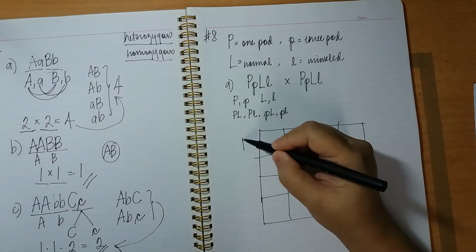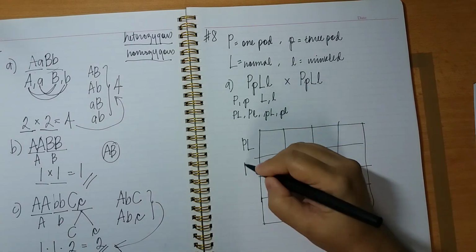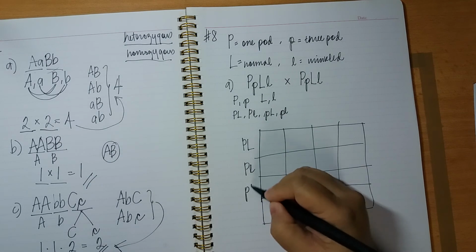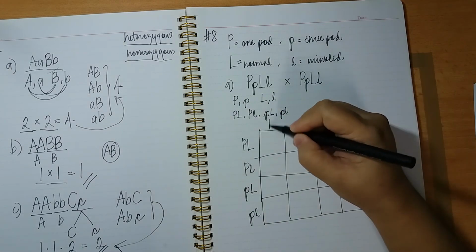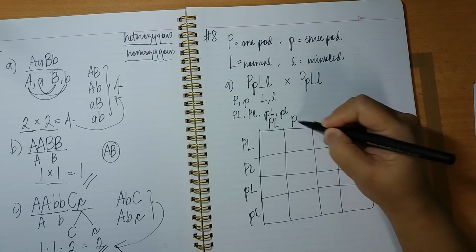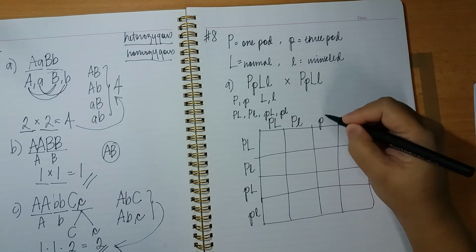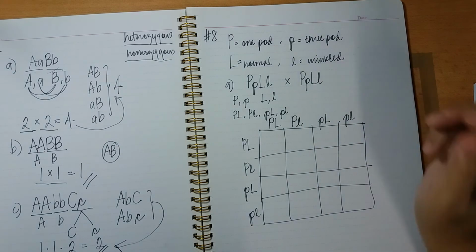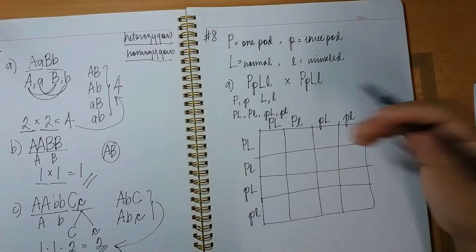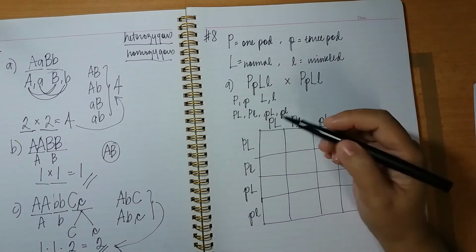So, let's just write the gametes on the side, and then on the top. Okay. And then, let's determine the genotypes of the offspring by combining the alleles from each gamete.